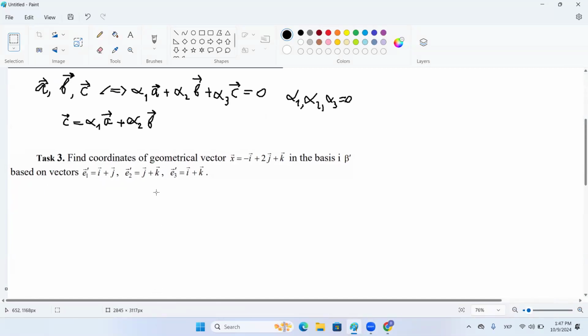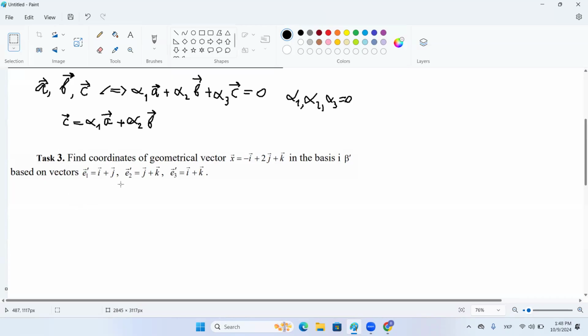So given vector x, we need to find its coordinates in basis beta prime, the basis based on the vectors e1 prime, e2 prime, e3 prime.